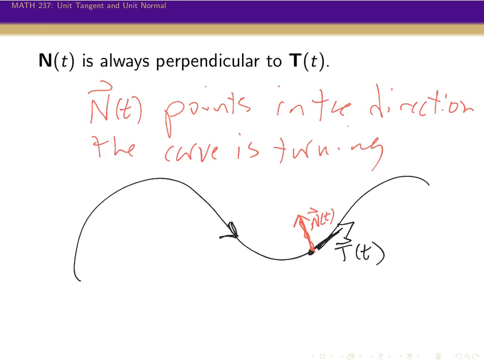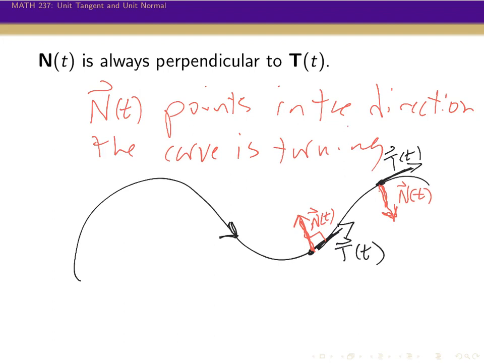And these two are going to be perpendicular to each other. Right? Whereas if we go up over here, unit tangent still pointing in that direction, but now we're turning the other way. N of t is going to be pointing in.